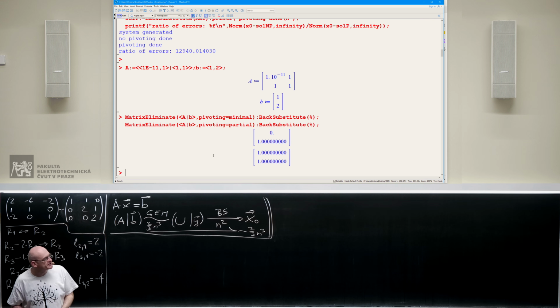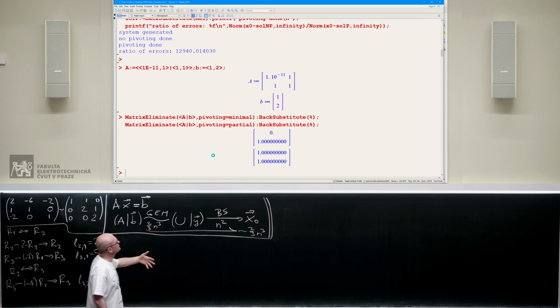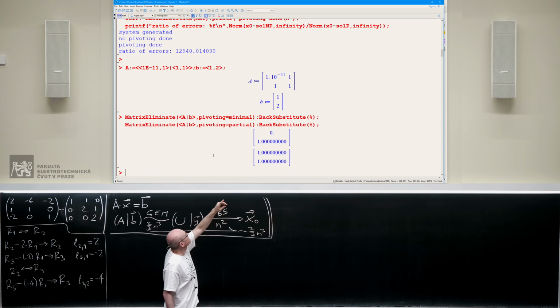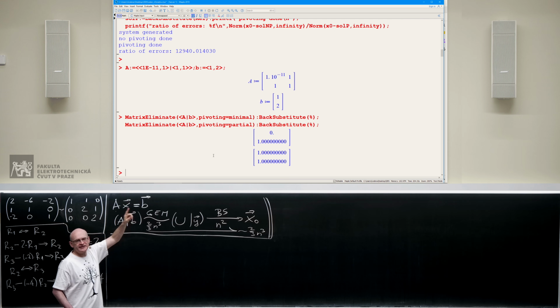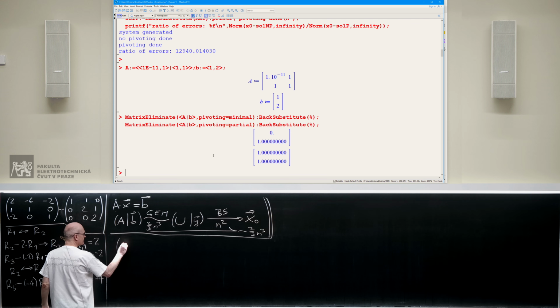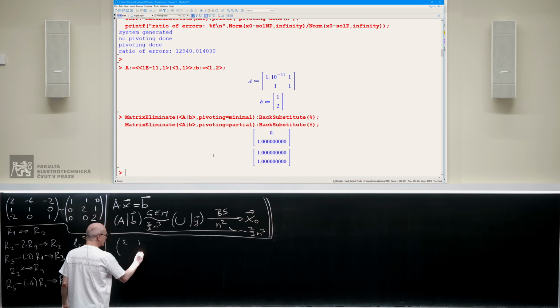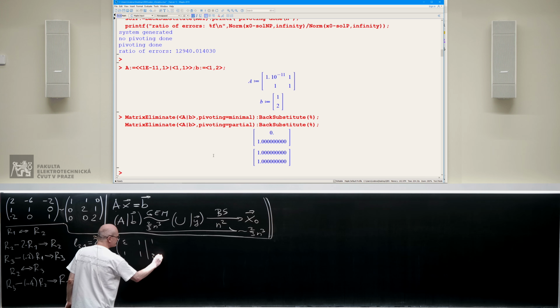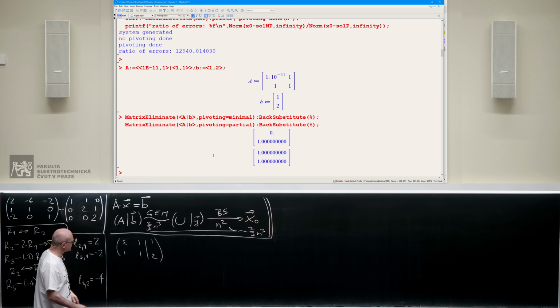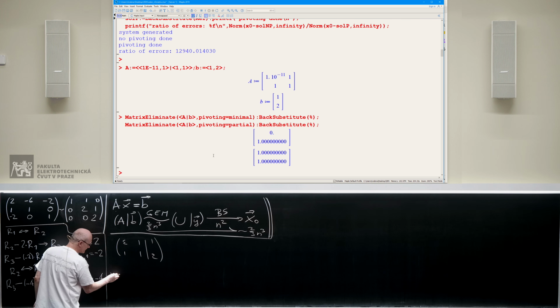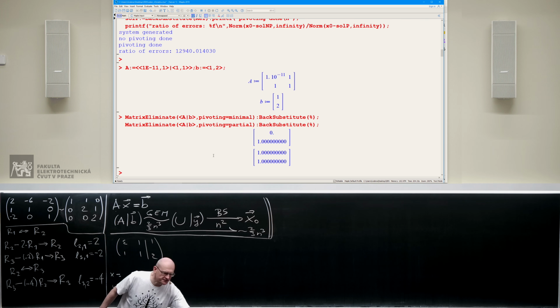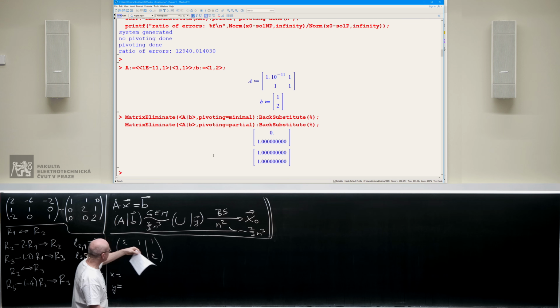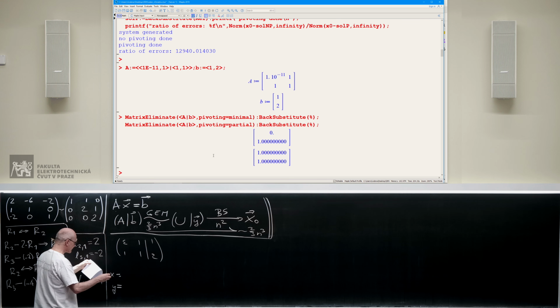This example actually is nice because I can show you how these things work. I have a very small number in the upper left corner. And I have ones elsewhere. And it's actually not difficult to solve it explicitly, and you find the solution. Of course, I don't remember it by heart, and I'm not going to solve it here because it would waste time.